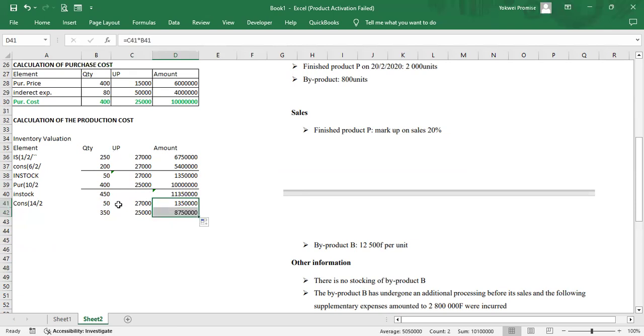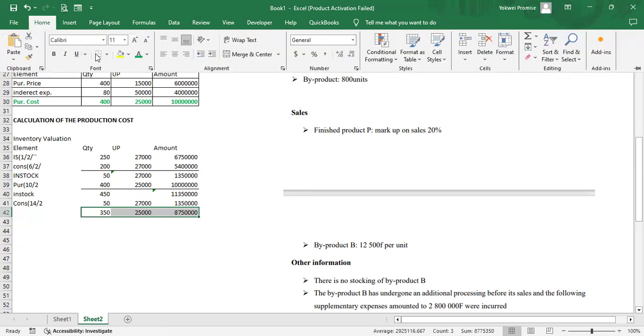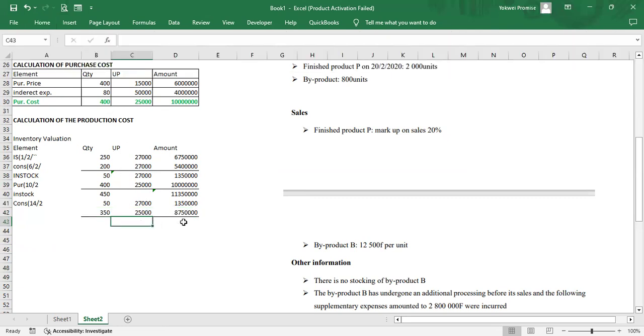So what will be the final thing remaining here? We take 350 plus 400, which is equal to this minus this, because this was the consumption. So we subtract.